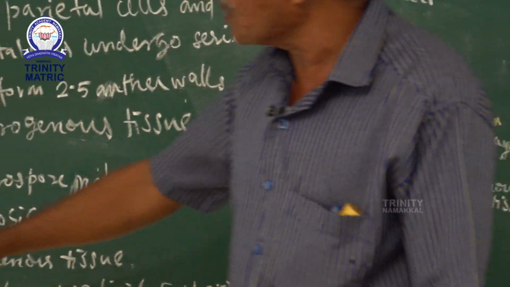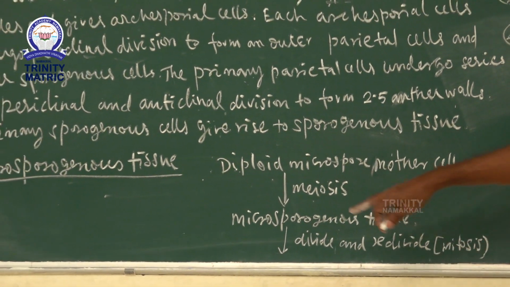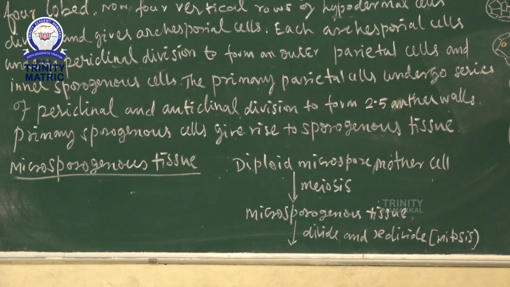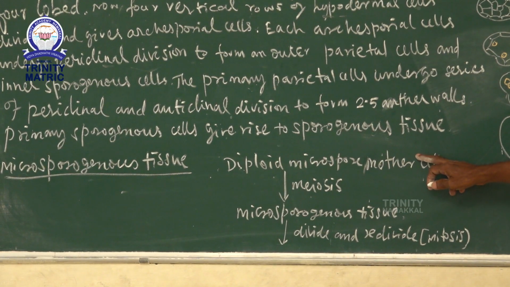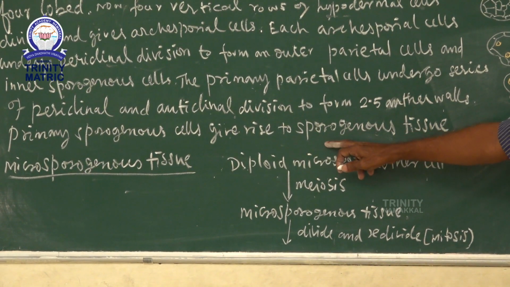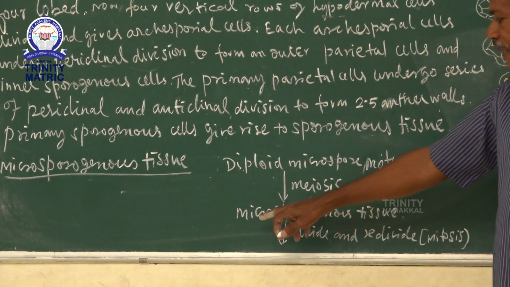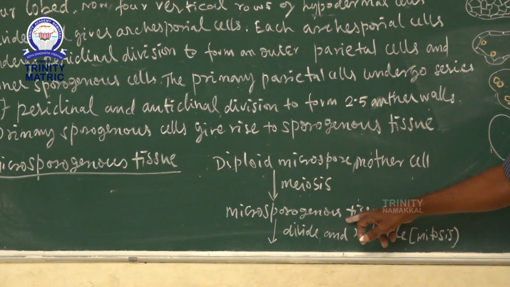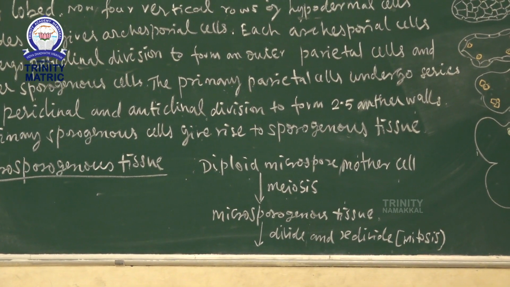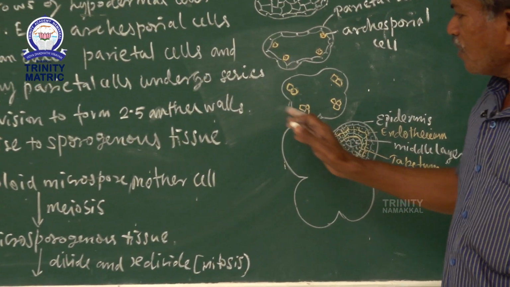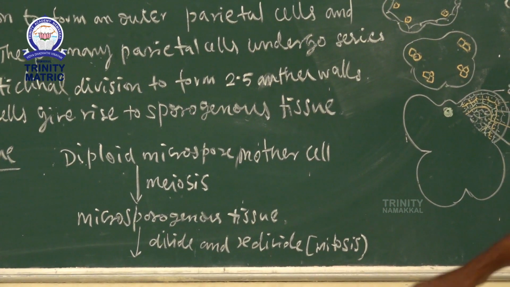How is the microsporogenous tissue developed? The microsporogenous tissue is diploid in nature. This cell is called the microspore mother cell. The microspore mother cell undergoes meiosis. The microsporogenous cells divide and redivide by mitosis.